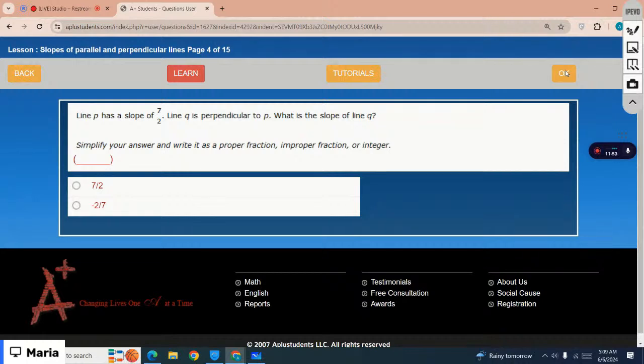Line P has a slope of 7 over 2. Line Q is perpendicular to line P. What is the slope of line Q? Which is the correct option?